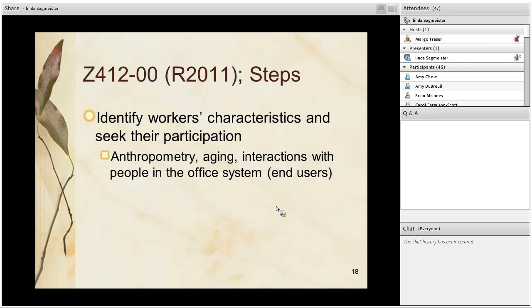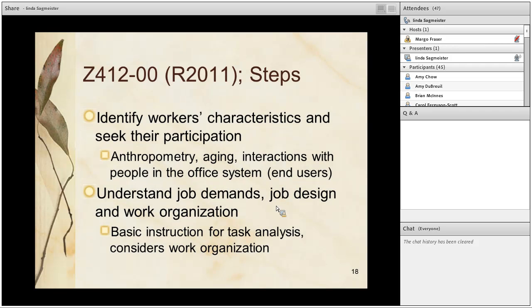So you've now moved into understanding job demands and design and work organizations. These are things that tend to be overlooked, especially work organization, when people get too micro-focused. This is a basic instruction on how to do task analysis and to consider the work organization that you're trying to put into place.